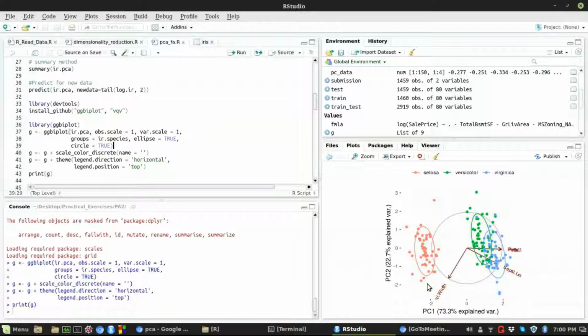But sepal length and sepal width are separated out. Probably in PC3 and PC4, the petal length and petal width will be separated out. But in PC1 and PC2, they are almost sitting together.